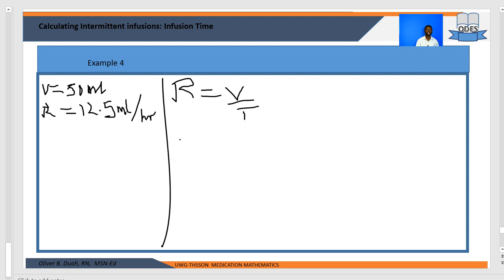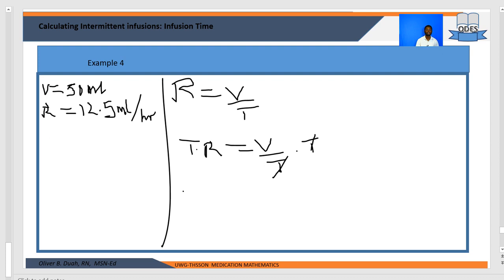Okay, so let's start by first multiplying each side by time. So time will cancel time over here. And now we have T R, or time times rate, is equal to volume.